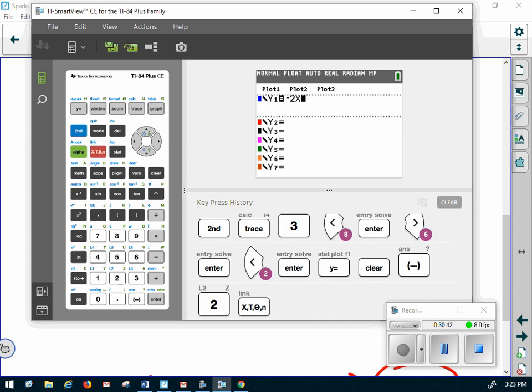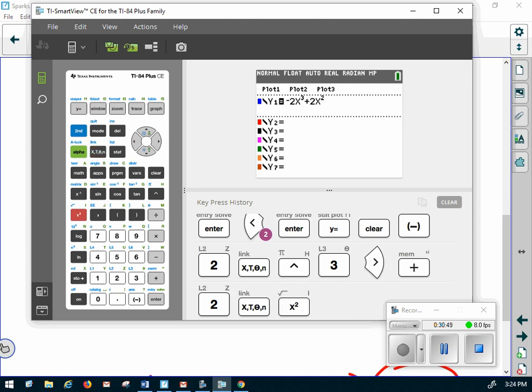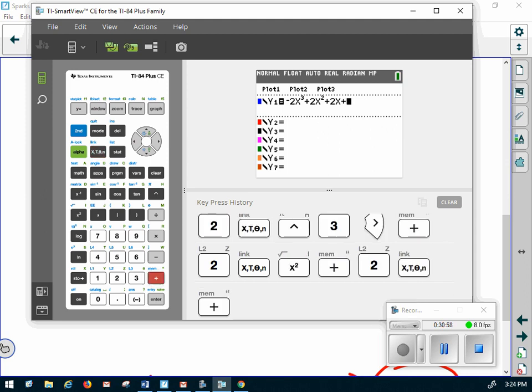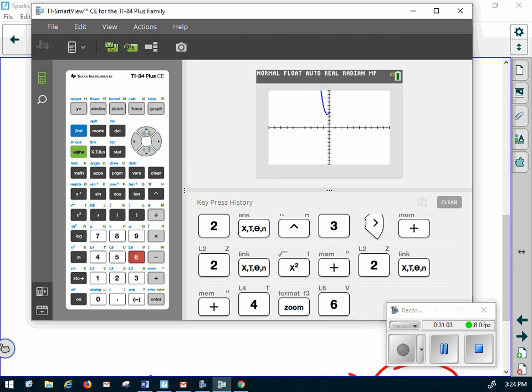Negative 2x cubed plus 2x squared, didn't we get 2 there? x plus 4. I'm going to do a zoom 6. Okay. I see my zero of 2. I see my y-intercept of 4. Good.